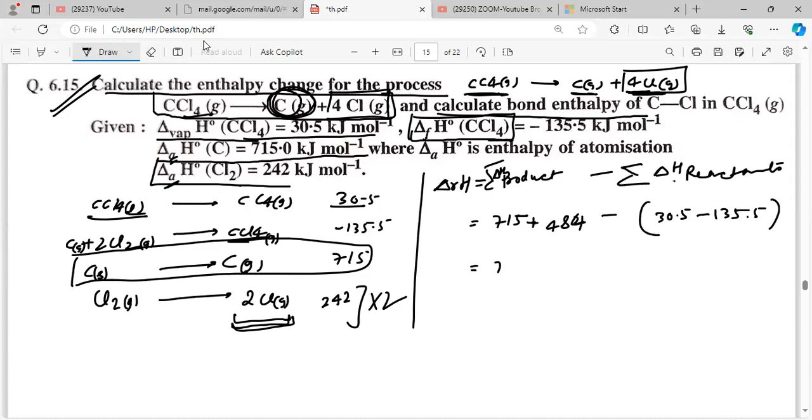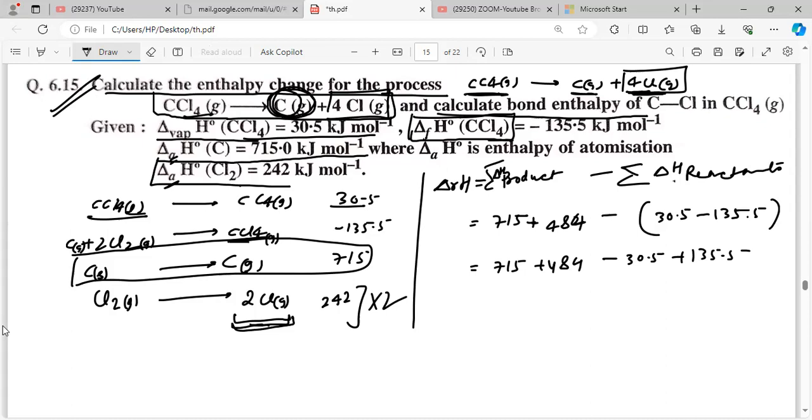Here it is 715 plus 484 minus 30.5 plus 135.5. Here the enthalpy of atomization is on the product side. You check back. How much is coming?